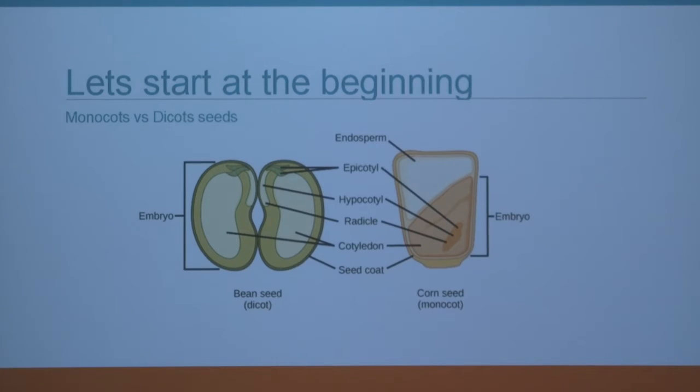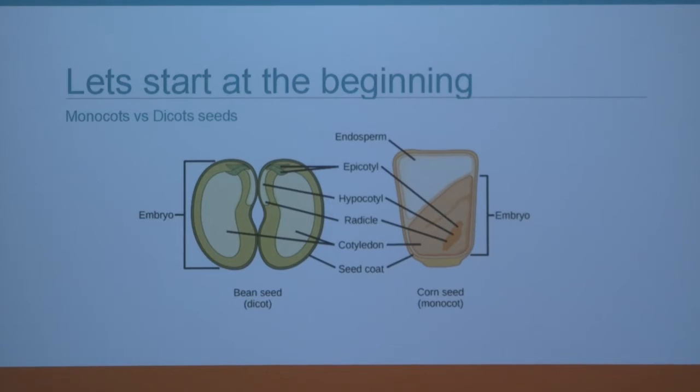Followed by that is the hypocotyl, which is what the cotyledons are attached to. That is the stem that will grow up and where the leaves attach from. The next part is the radicle, which is what becomes the root structure of the plant. These will all come back around as I go through the slides.